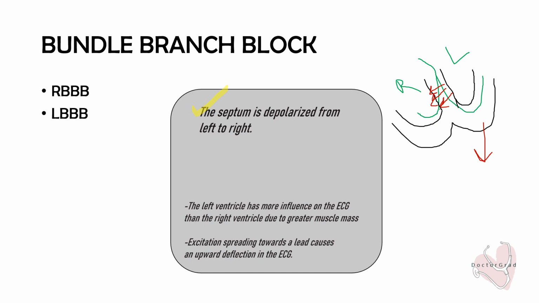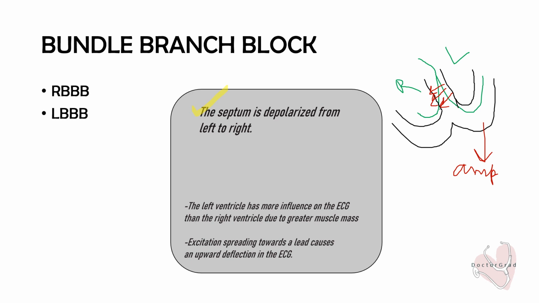We're mainly talking about the amplitude here. Left ventricle will influence the amplitude more. When we are showing left ventricular depolarization, it has to be shown in a greater amplitude because it has more muscle mass. Or when there is abnormality in the right side, it may be masked because the left ventricle exerts more influence on the ECG than the right because of greater muscle mass.